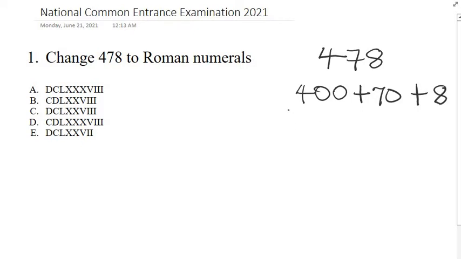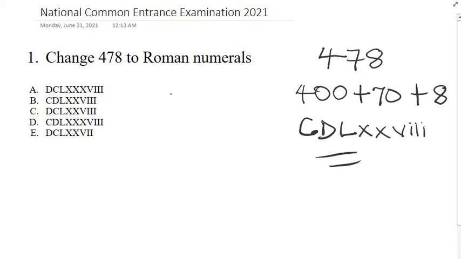Then the next thing is to write down the corresponding Roman numerals. 400 is CD, 70 is LXX. L is 50, 60, 70, while 8 is VIII. Okay, so our answer is CD, LXX, VIII.